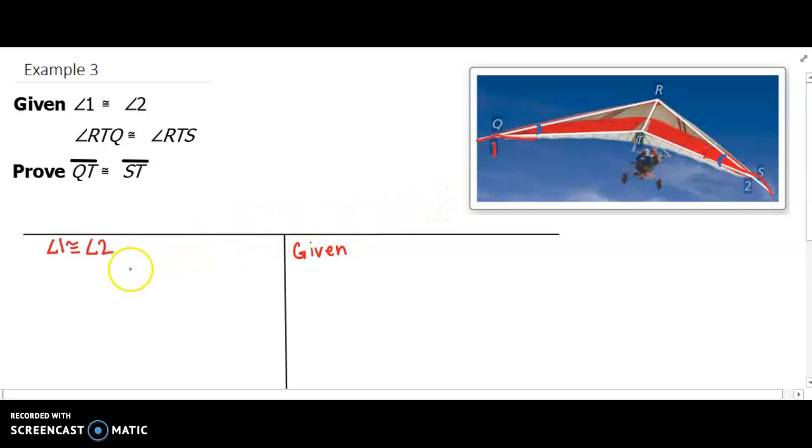Okay. So I can immediately say that angle 1, I'm going to call this angle 3 and angle 4 just to make it easier. So I'm going to say angle 1 and angle 3 are a linear pair. And I can say that angle 2 and angle 4 are a linear pair. And that's just by definition of linear pair.